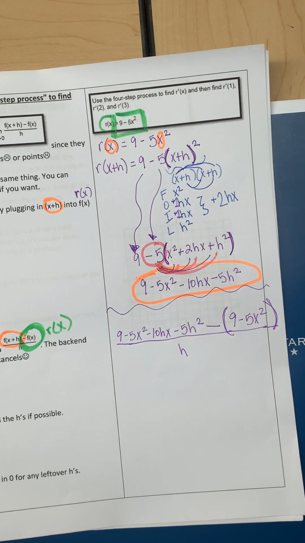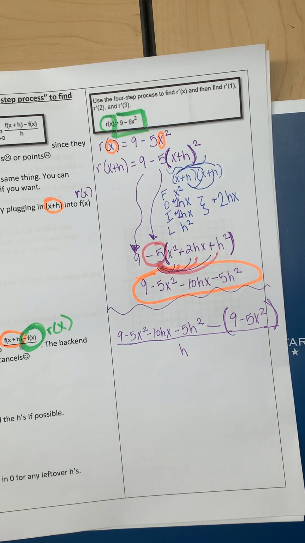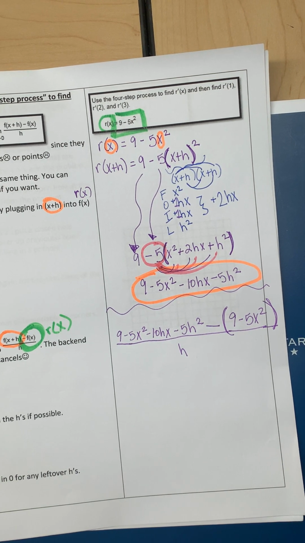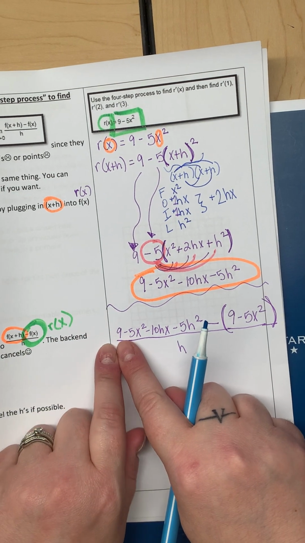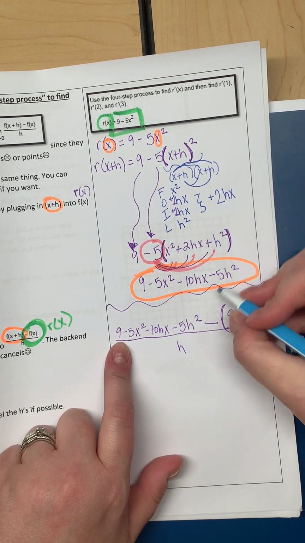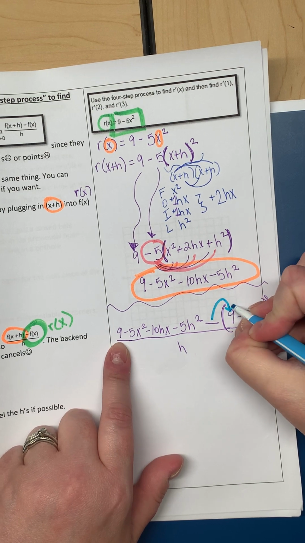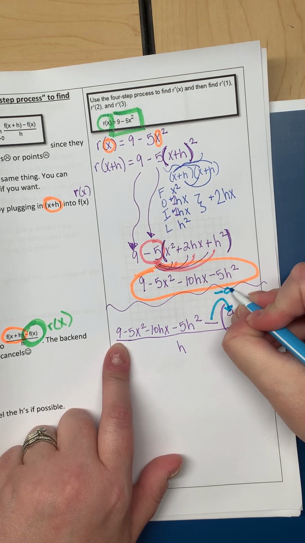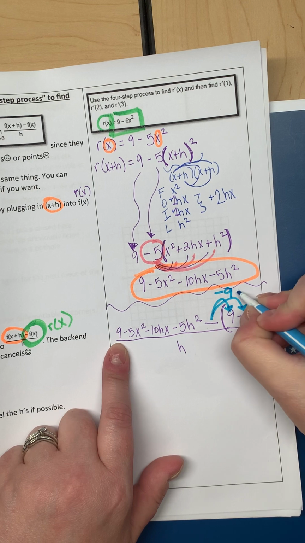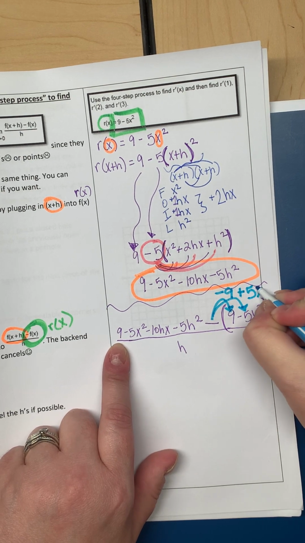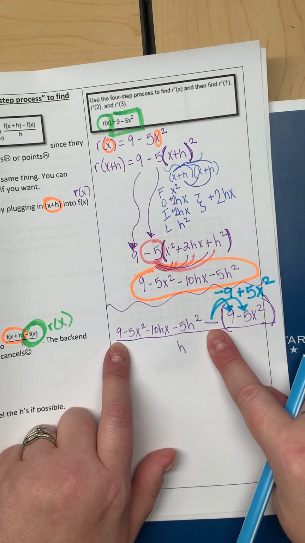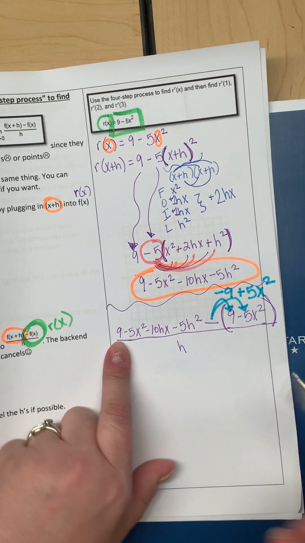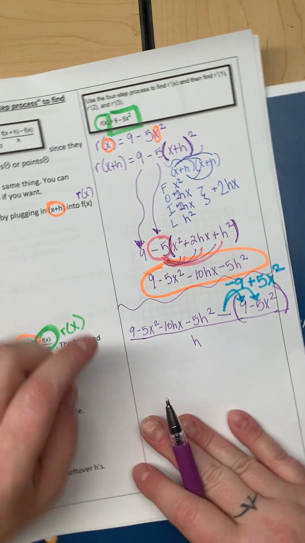Now it says the back end always cancels. So this is when we're going to start crossing things out. Well, let's see. I have a +9 sitting at the front. And eventually, I'm going to have a -9 and a +5x squared when I distribute that negative. So I'll go ahead and rewrite that just in case you want it.